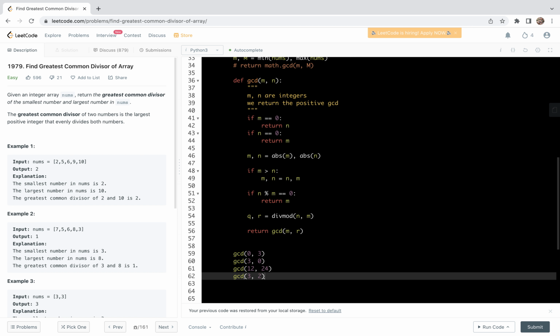So also I can do return GCD of little m and capital M to test if it's right or not. So let's first do a special case check. Right? So let's print out these things.